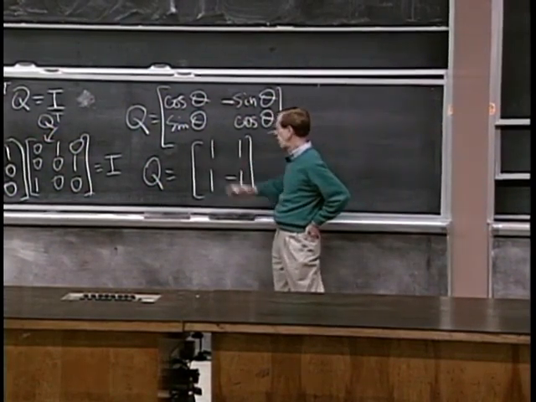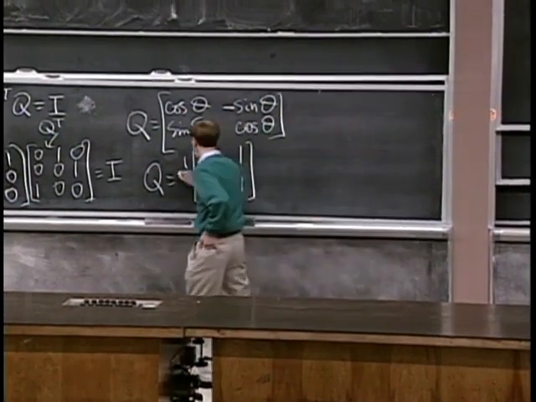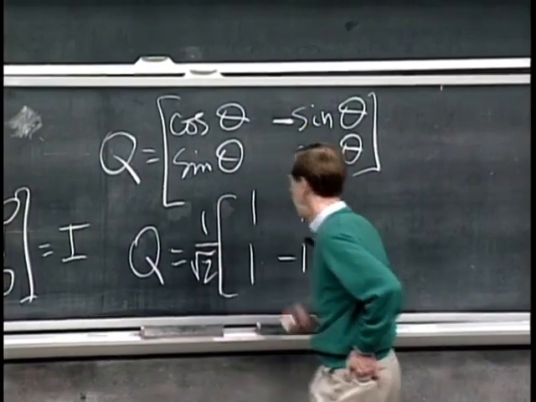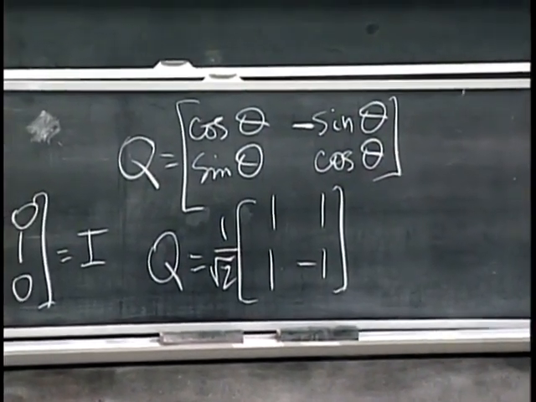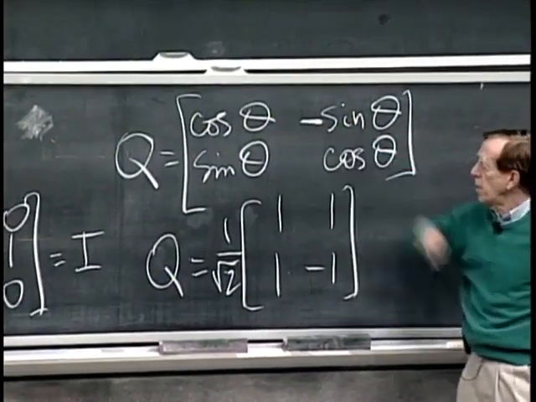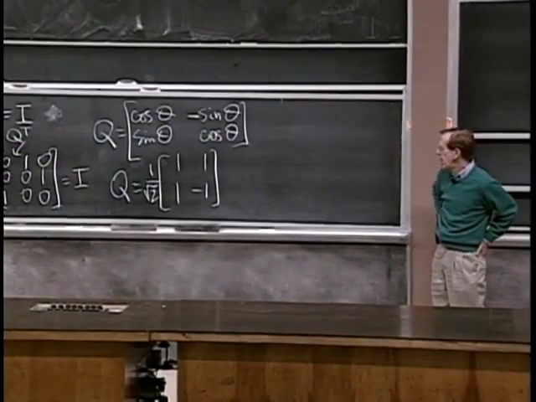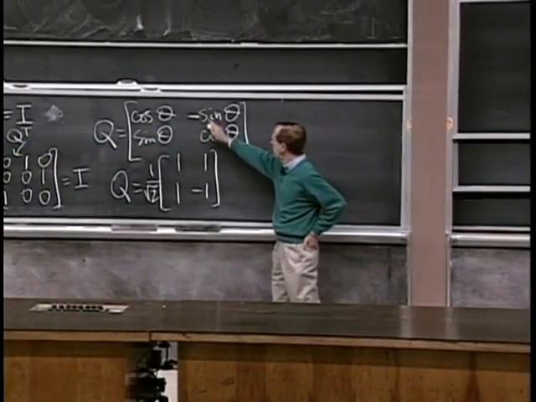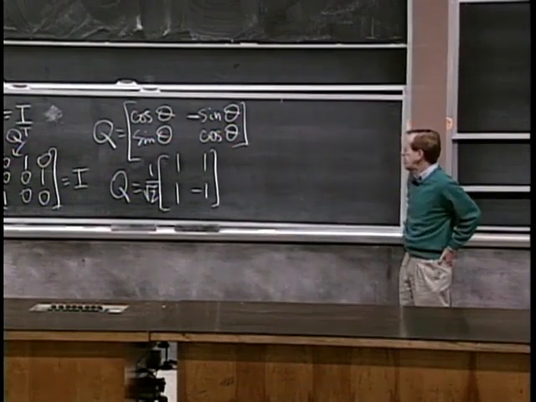The length squared would be 1 plus 1, which is 2. The length would be square root of 2, so I better divide by square root of 2. Okay. So now I have an orthogonal matrix. In fact, it's this one when theta is pi over 4. The cosines and sine, well, almost. I guess the minus sign is down there. So maybe minus pi over 4 or something.